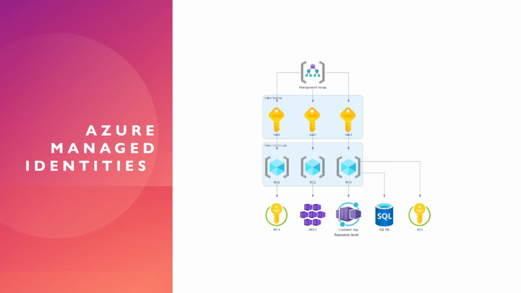A management group will have multiple subscriptions, and each one of the subscriptions could have one or more resource groups that are treated individually for the application. So you see, resource group number 1, which belongs to subscription number 1, has a key vault assigned to it. And if we move more to the right, subscription number 3 has access to resource group number 3, and this one has a container app, a SQL database, and a key vault.